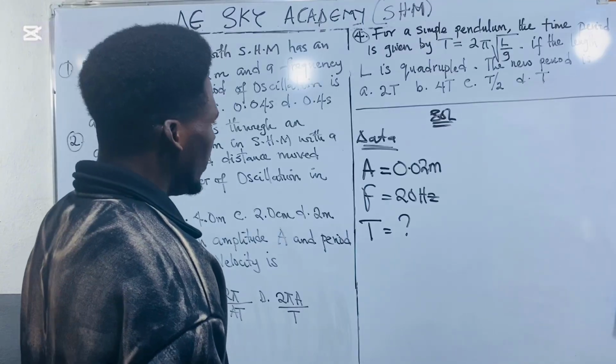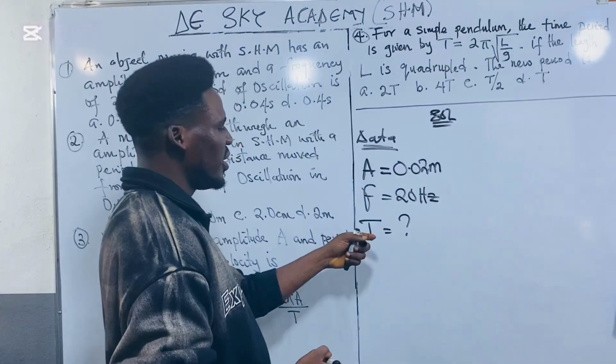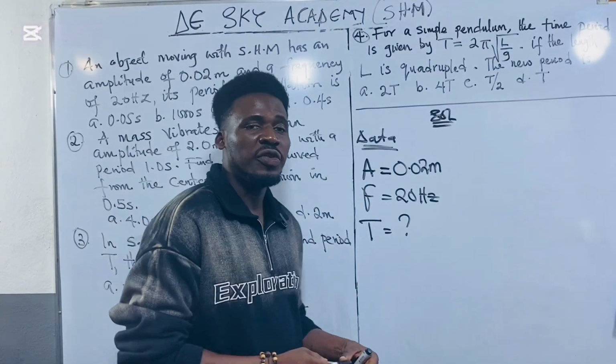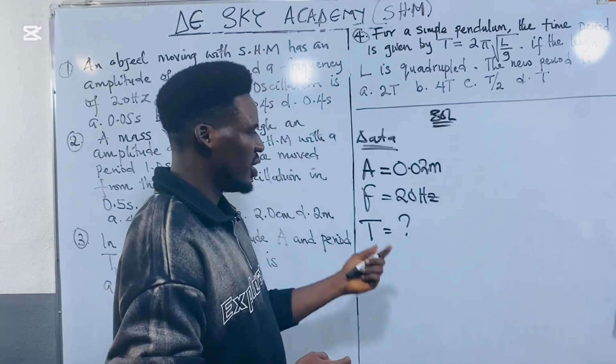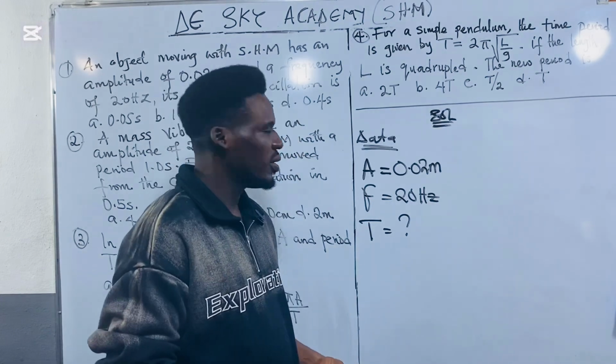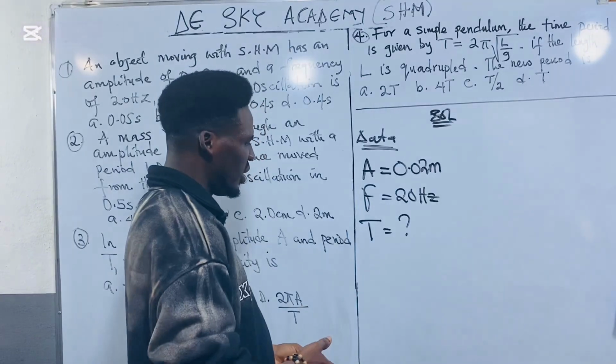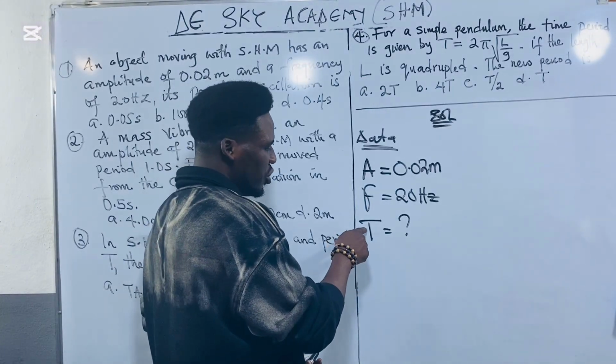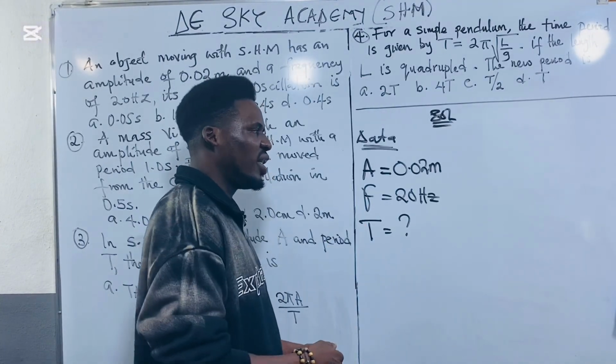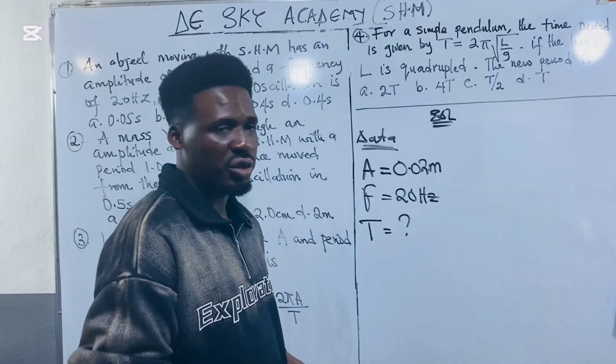So they gave us amplitude, frequency, and sometimes the question will even give you things that you will not use, because you can use a direct formula to solve this. There's a relationship between period and frequency, and that relationship is called an inverse relationship.